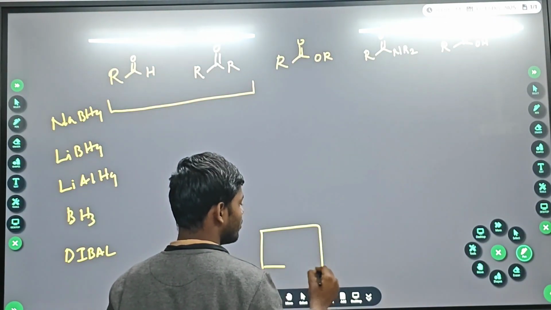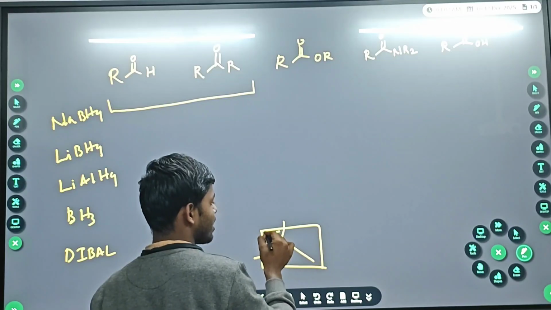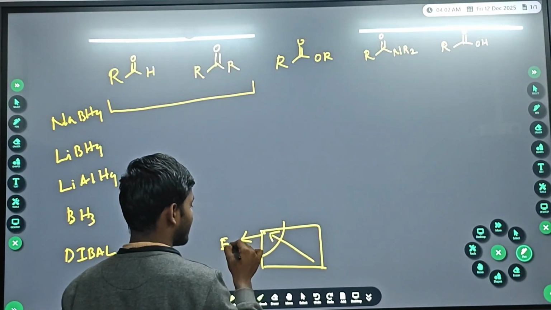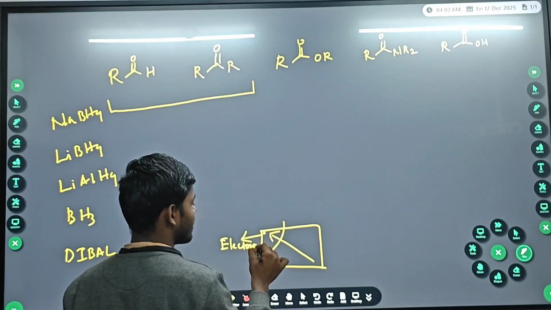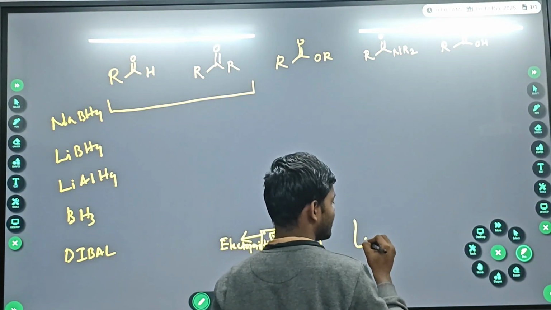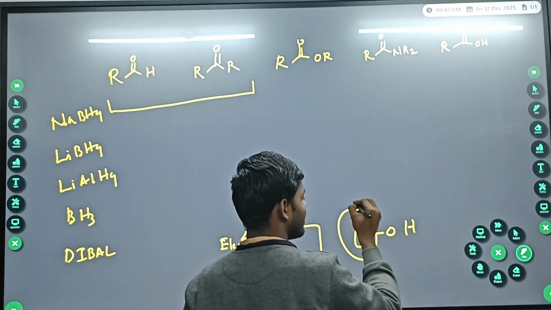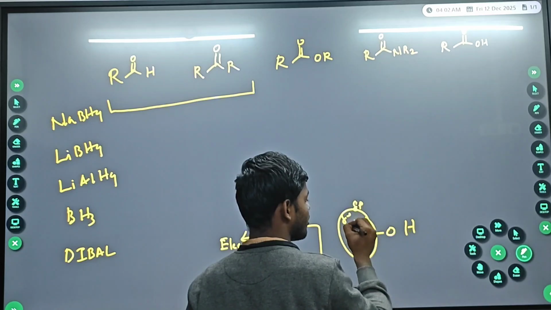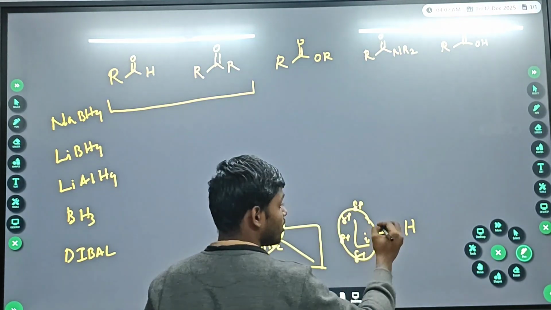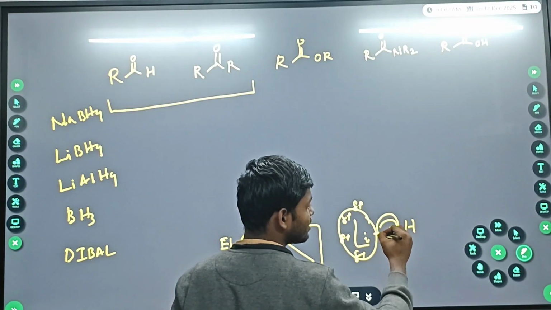As we know, in the periodic table, this uppermost zone has a highly electropositive character. What is the electropositive character? Let's say lithium hydroxide. In this sphere area, the partial positive charge of the lithium is very high, so electrons are repelled, and the maximum electron density will be found in this area.